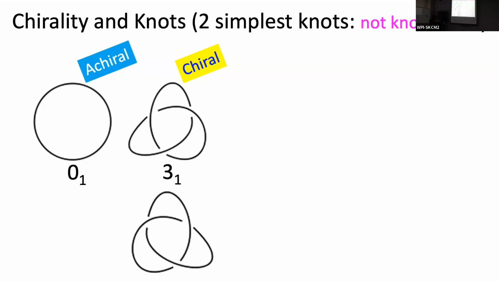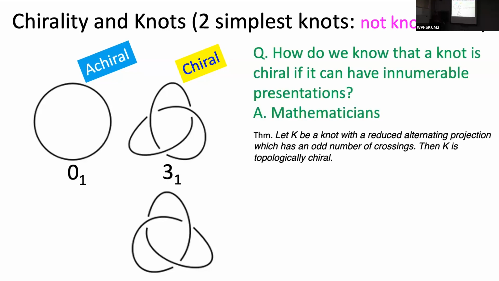How can we really be sure that there's no way to interconvert this structure into this structure by continuous deformation? The reason we can say this with surety is that we have people called mathematicians who write down theorems and prove them and tell us stuff.